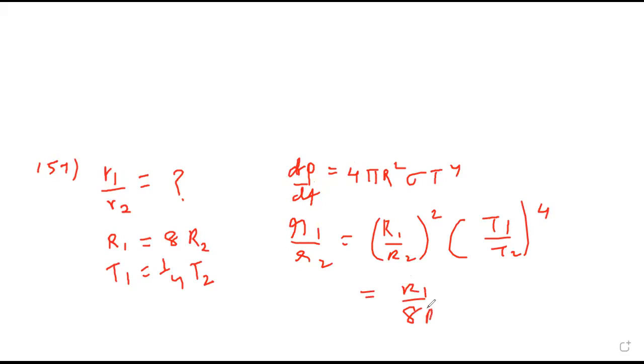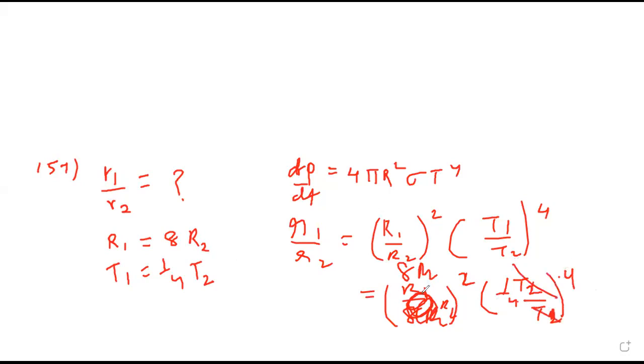R1 is 8 times R2, T1 is 1/4 times T2. T2 cancels, R2 cancels. 8 squared is 64 and 4 to the power 4 is 256.